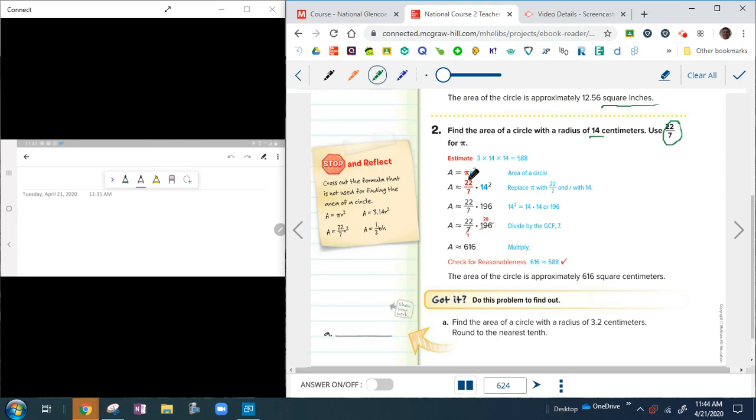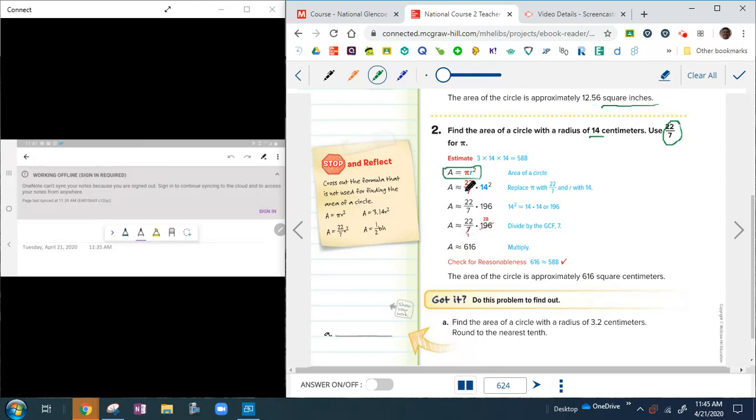All right, and you can look through the work here. Write the formula, right? We're looking for area, so we use the area formula. All right, and then replace pi with whichever approximation you were told to use. Sometimes it's just whichever one makes sense to you. But in this case, they gave you a specific one to use.